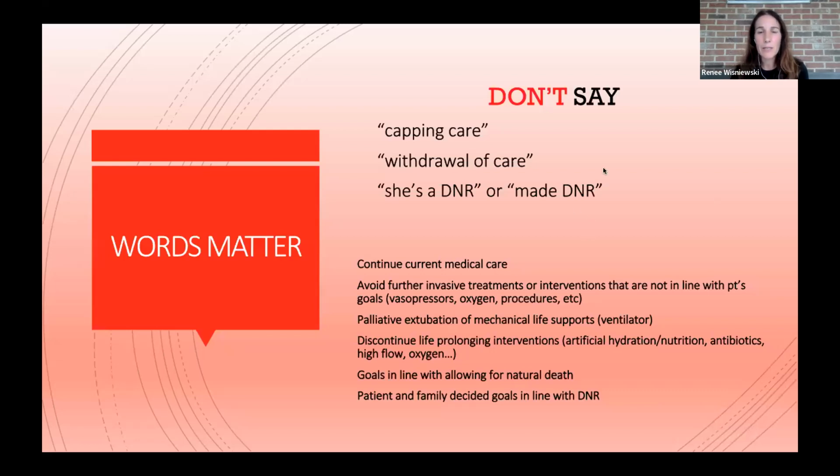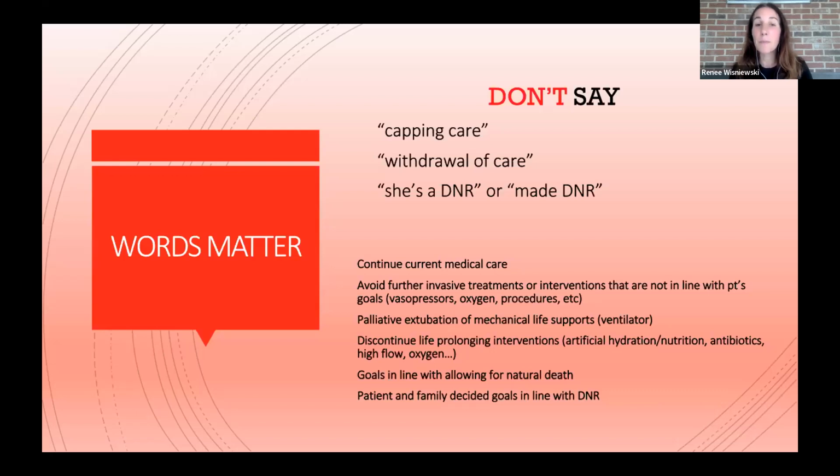We try to avoid this because it doesn't feel good as a patient to feel like you're not getting something. And so what we try to say is that we're going to continue the current medical care, or we're going to avoid further invasive treatments or interventions that are not in line with patient goals or that are not beneficial in symptom management.